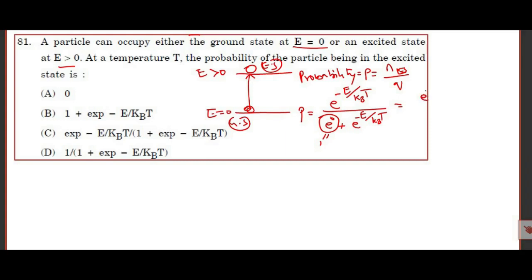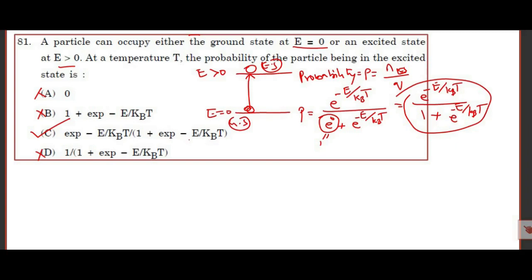So e power minus E by kBT divided by 1 plus e power minus E by kB into T. This answer matches with option C. Hence option A is wrong, option B is wrong and option D is also wrong. The answer matches with option C.